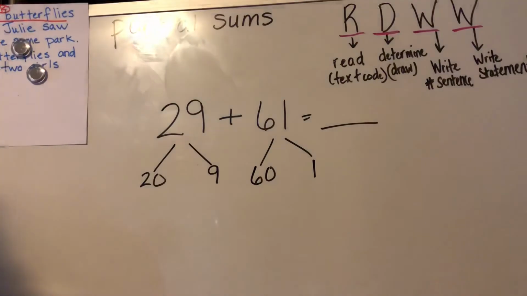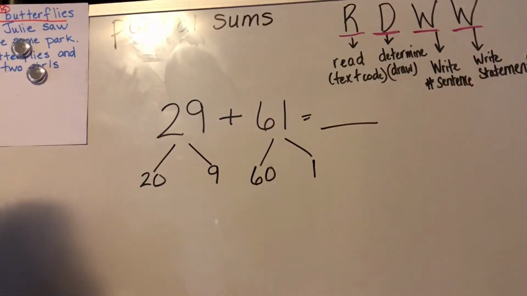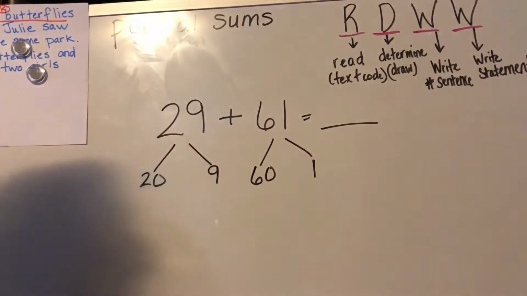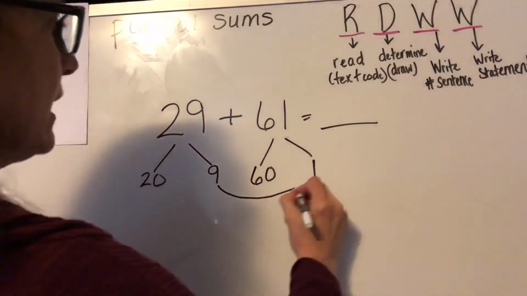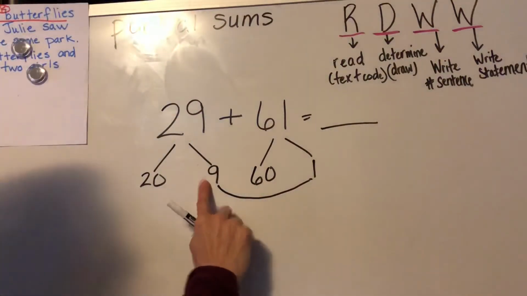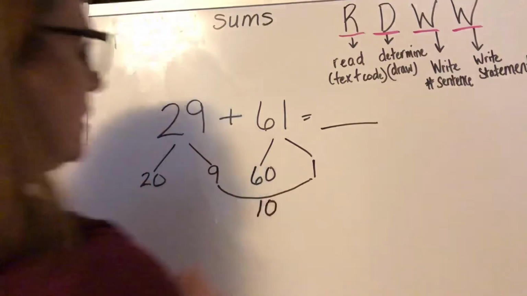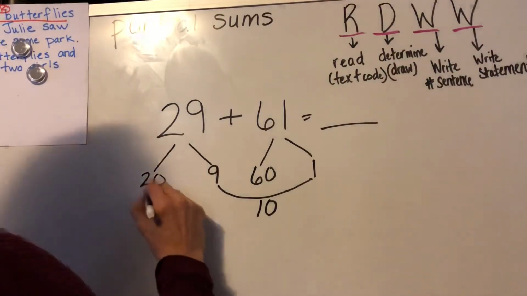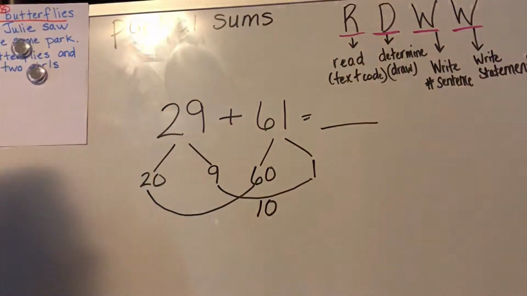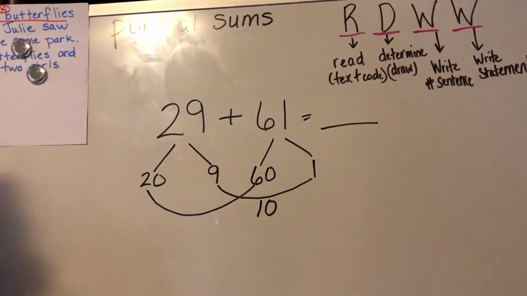Now that I've broken those apart, I am going to combine the place values that are alike. I'm going to take my 1s and swoop them together, and 9 plus 1 equals 10. Then I'm going to put the 10s together, and 20 plus 60 equals 80.